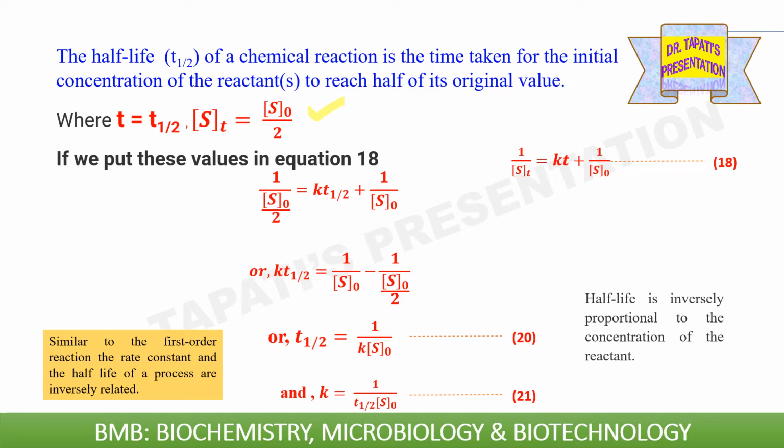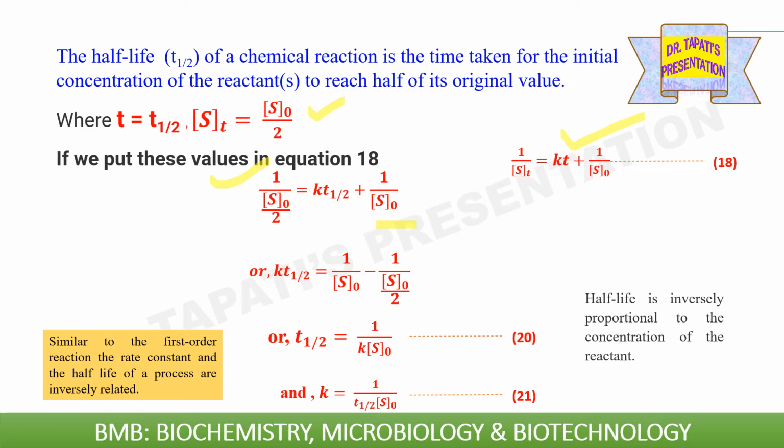If we put these values, that means T is equal to T half and St is equal to S0 by 2, in equation 18, we will find this: 1 by S0 by 2 is equal to K T half plus 1 by S0.